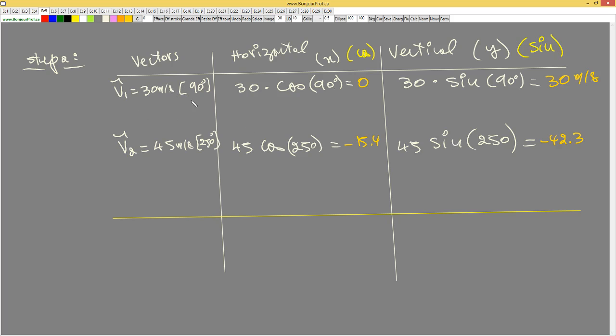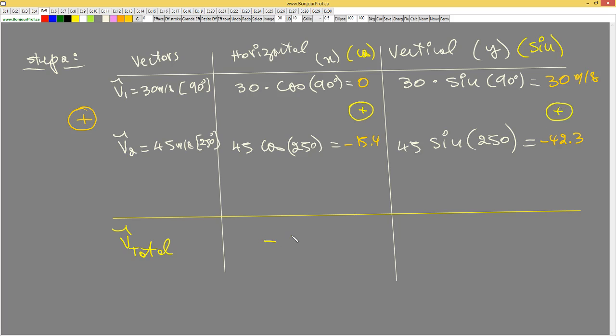So do you understand what we did? The first step is finding the standard positions, and we have to add them because this is what they asked us. So add them. I'm going to write V total here, because this is what I want. And add them here, 0 plus minus. So I'm going to put a plus here and a plus here. I have to add the components. We call them the components of the vector.